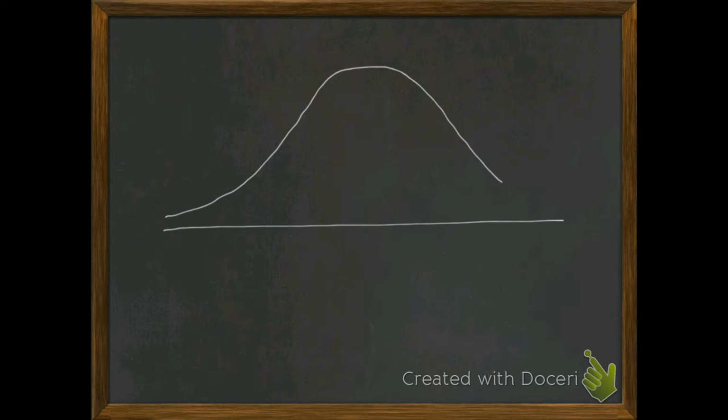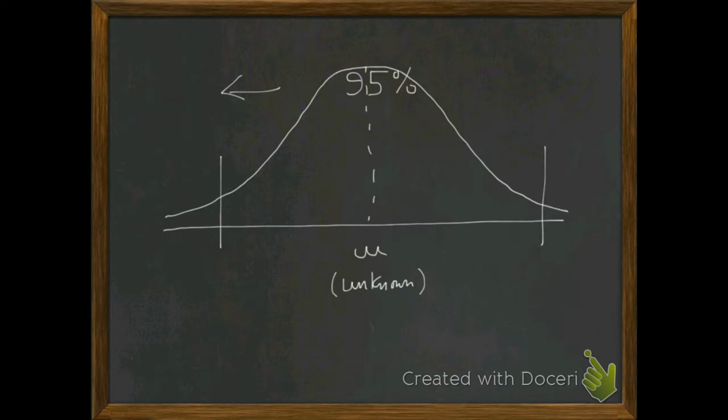Let's focus on the middle 95%. So smack dab in the center of the distribution is the mean, mu, unknown. And let's focus on this, the middle 95%.